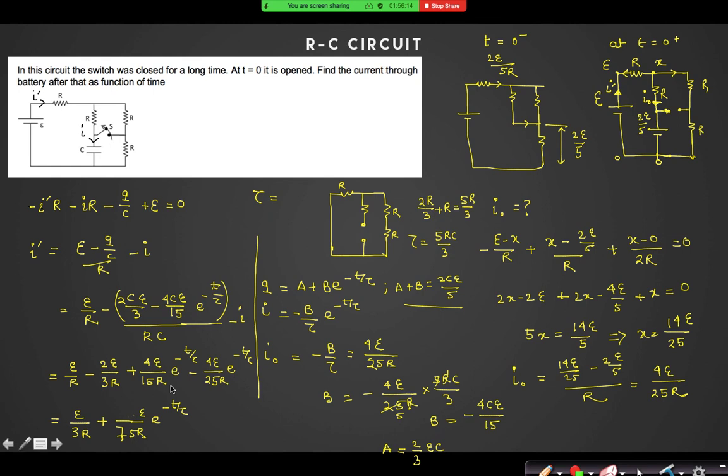So you have to put a minus in I naught: minus 4E by 25, and now minus B by tau is this one. The value of B will come out negative. So this will be 20 minus 12, which is 8, I think. Yes, I think that will be the answer.